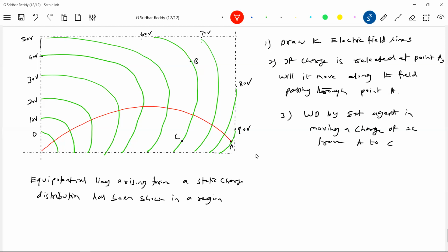Everywhere you have to see that it will be perpendicular to the equipotential. There's one basic necessary condition. Similarly, we can try another line here.